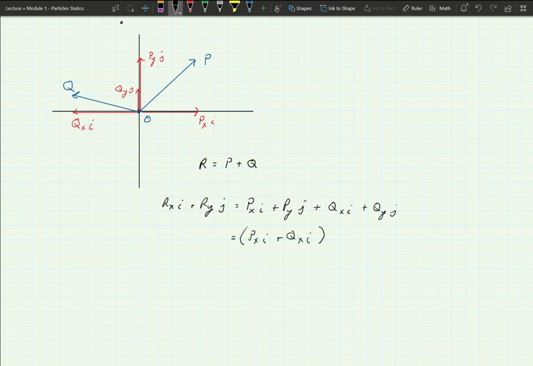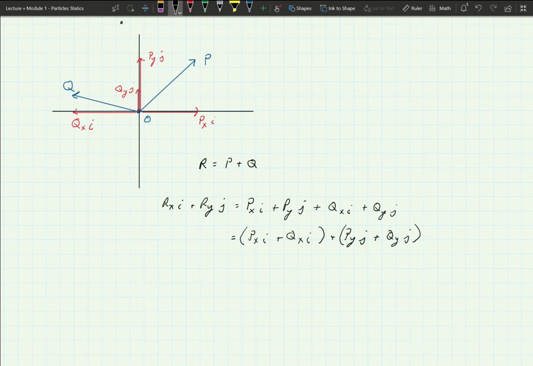And the next one, Py j plus Qy j. Put parentheses around those. Okay, and that is the simple part of all that. So easy.